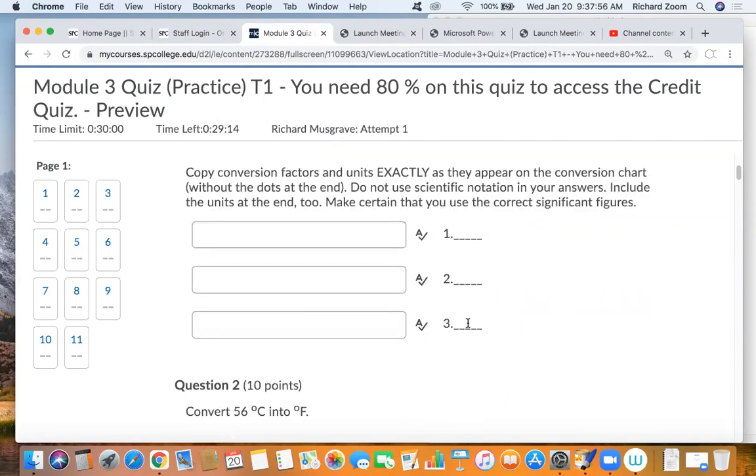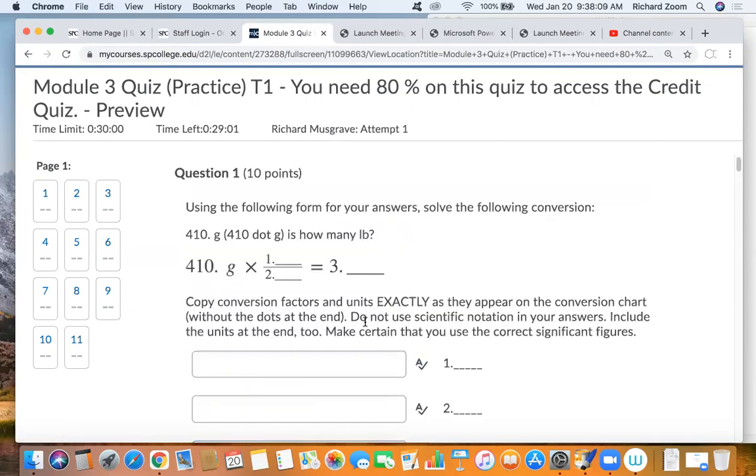Sometimes what's going to happen is you'll type in an answer, it'll get a check mark, but you'll get less points for it. The reason that you get a check mark but less points is because the significant figures are wrong. So just keep that in mind when you're going through and getting the answers here. I know I'll get more than one email from people about why they're not getting full points on their answers, and that'll be the reason.